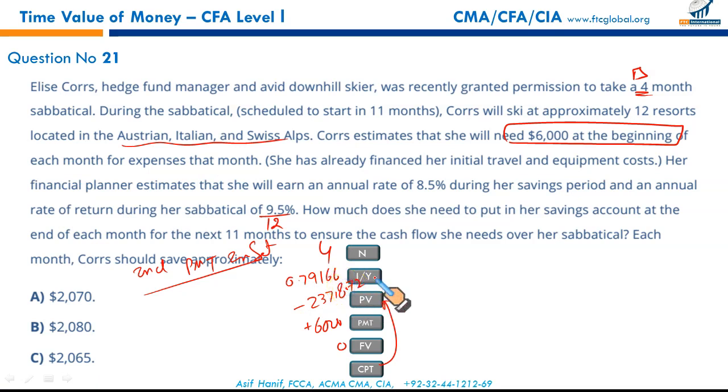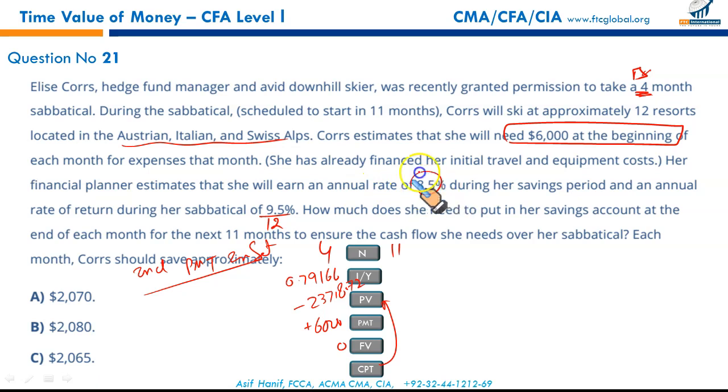Now, this was the first phase. That's what she needs to have so as to receive $6,000 for each of the 4 months at the beginning of each month of her sabbatical. Now, this is the withdrawal part. Now we have to see the investment part. She will be investing money for 11 periods.